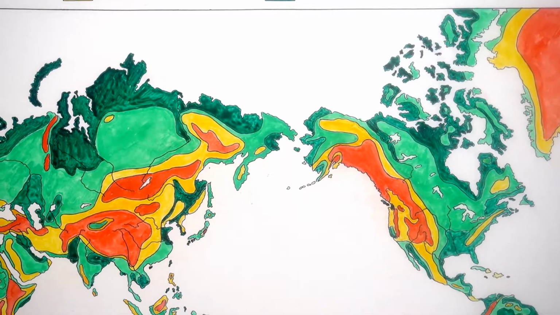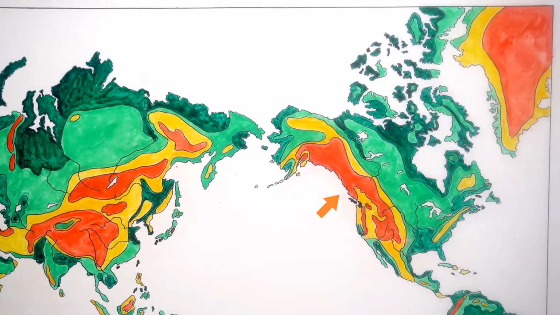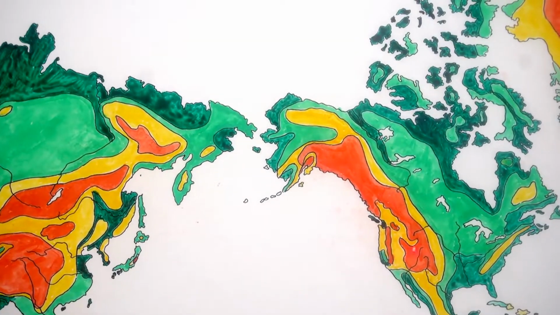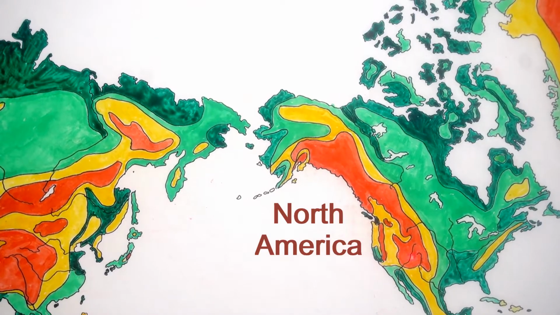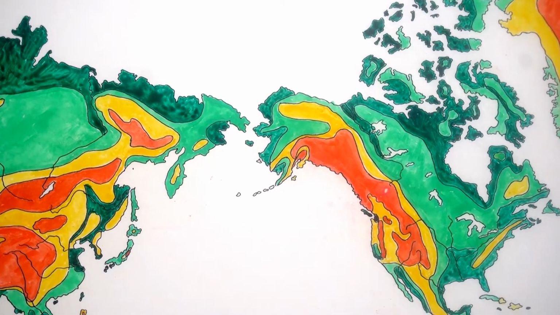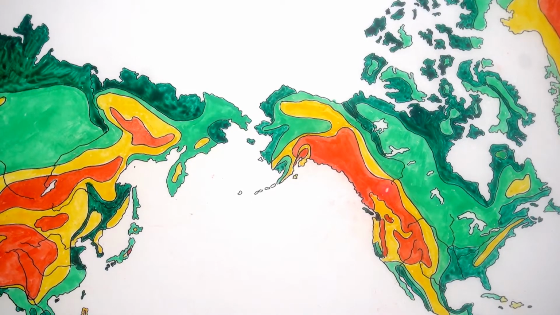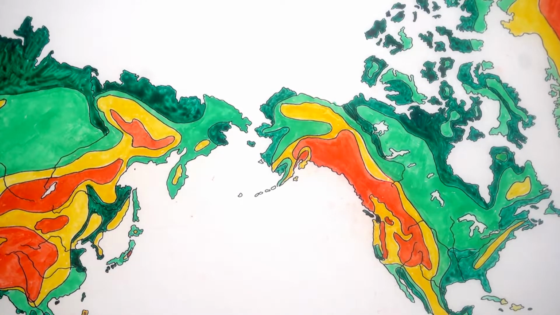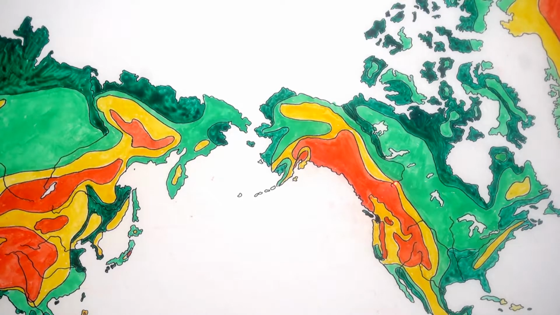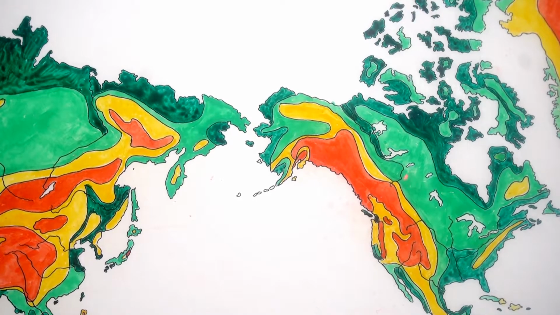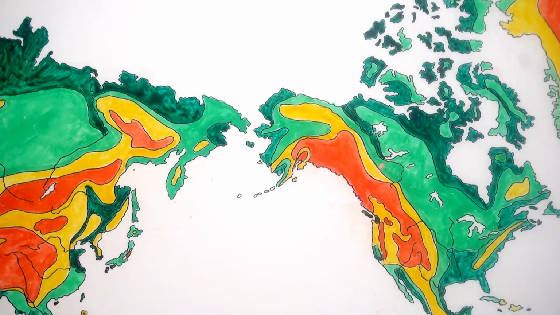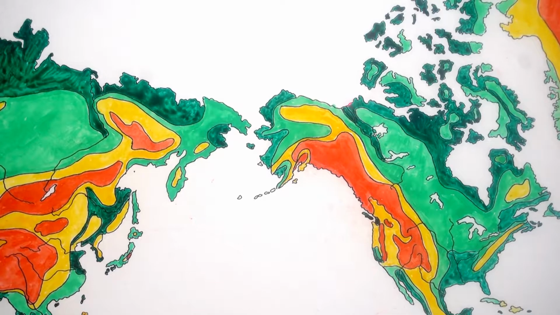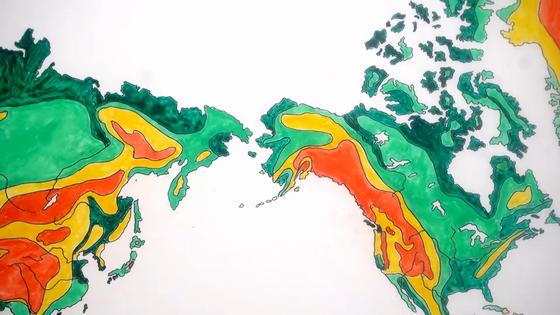Now let's look at North America. We can see highlands here. Now we can see this river here going from the highland to the medium highland to medium lowland and lowland, and all the way empties into this ocean.